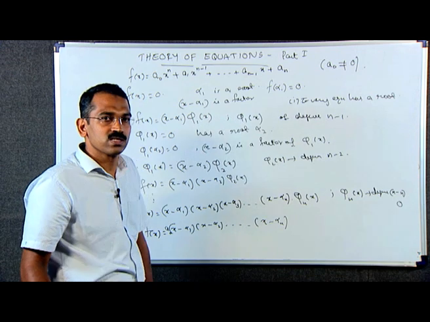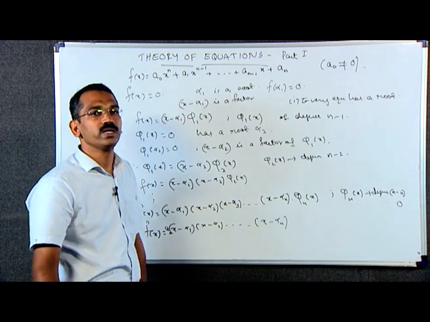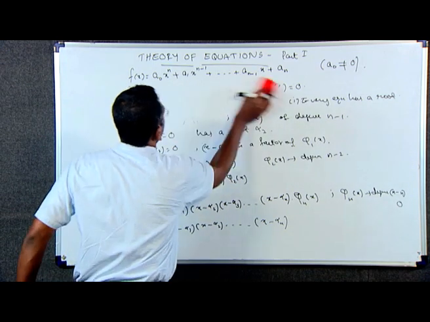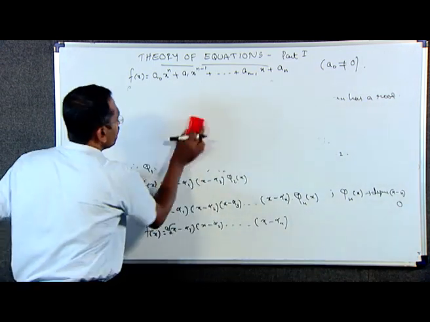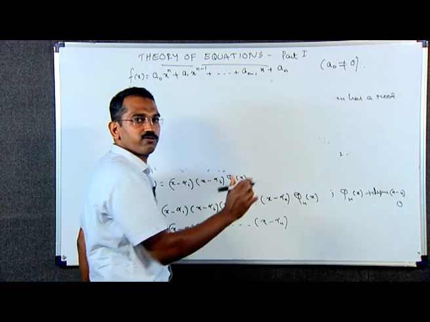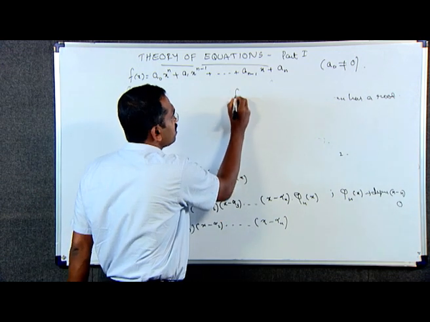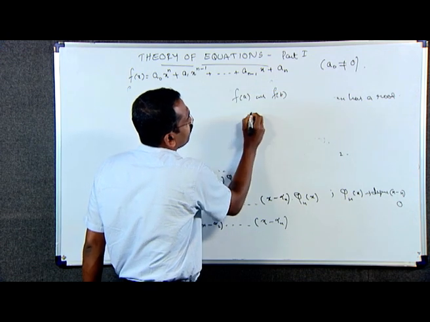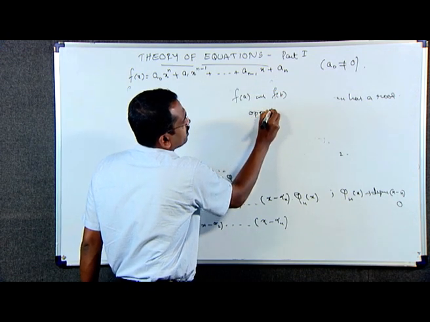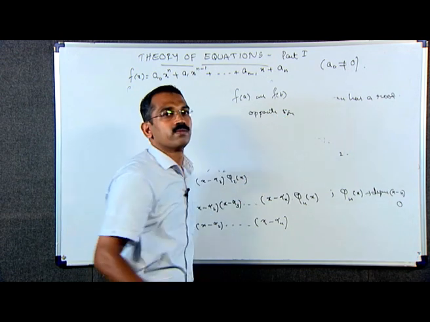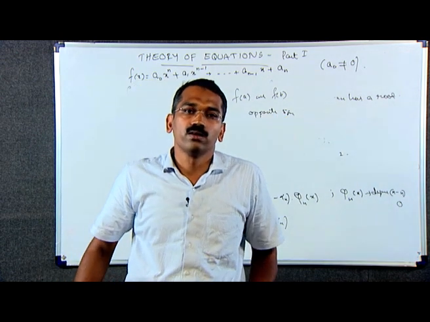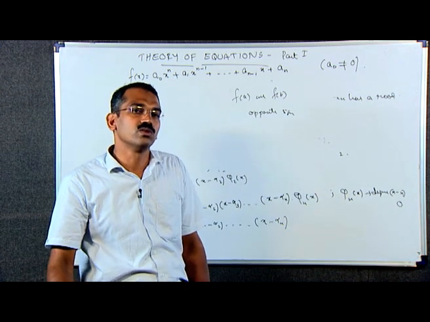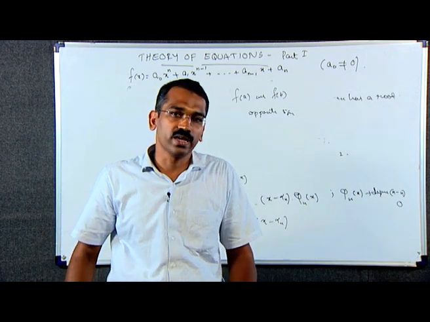If f of x equal to 0 is a polynomial equation, and if f of a and f of b are of opposite signs, then at least one root of the equation f of x equal to 0 must lie between a and b.